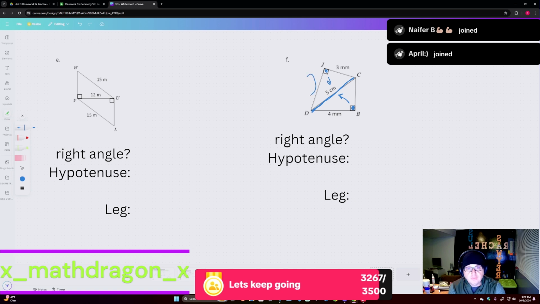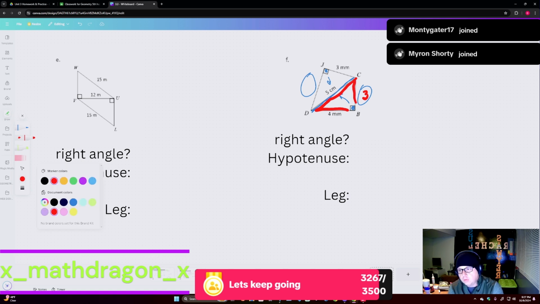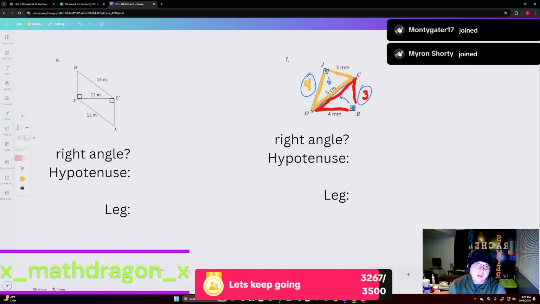So then I just have to find this side or that side and make sure this one is a 3 because it's in this triangle, or this one is a 4 because it's in this triangle. The reason I say that is because if this is 3, that has to be 4 if they're going to be equal. And if this is 4, that has to be 3 in order for them to be equal.